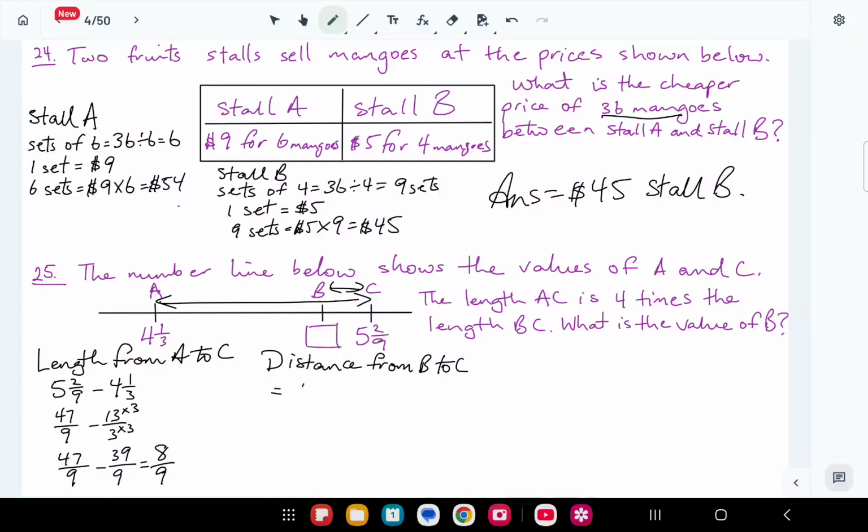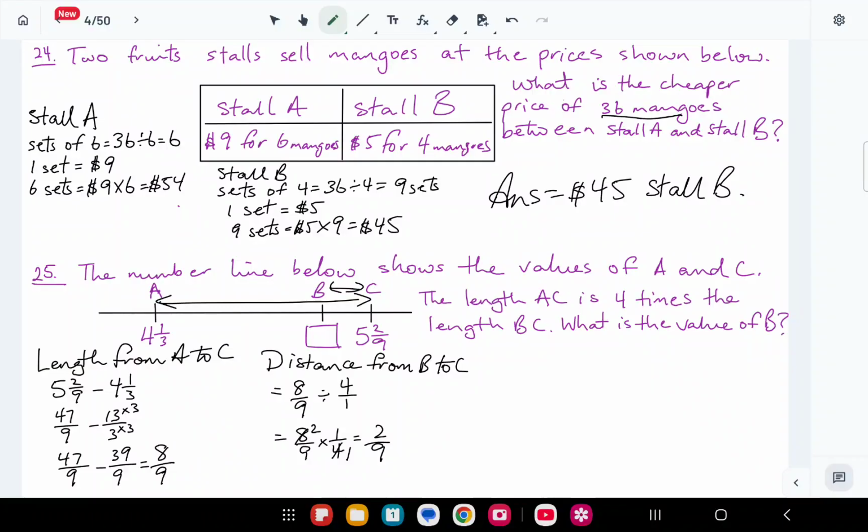So we take the 8/9 and divide it by 4 over 1. So you say 8 over 9 multiply by 1 over 4. 4 into 4 is 1, 4 into 8 is 2. You get 2/9. So you know that the distance between B to C, that little distance here, is 2/9.